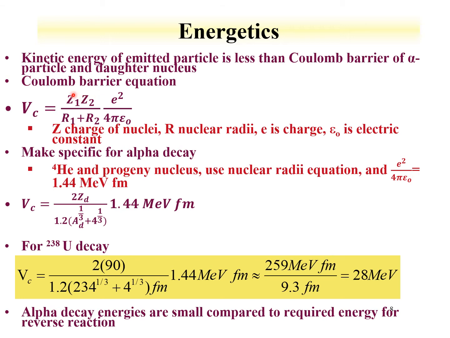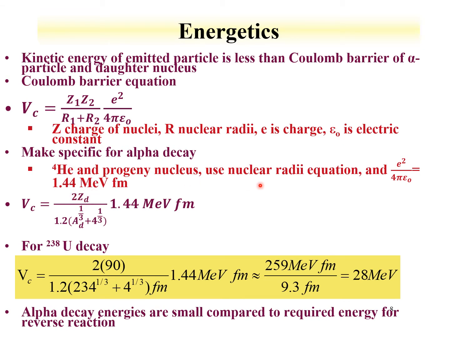The generalized Coulomb barrier equation includes charges, radii, and a collection of constants. The charges of the approaching nuclei are multiplied together and divided by the sum of the radii, and these are multiplied by the charge, 4 pi, and the electric constant. Applying this specifically to alpha decay, we get 2 for the Z of the alpha particle, and the Z of the daughter.